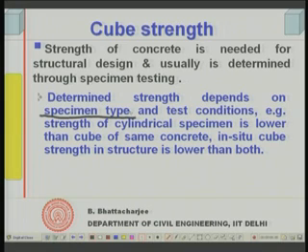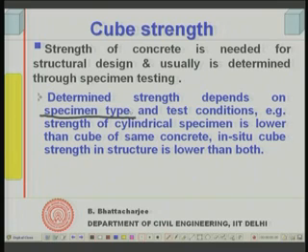Not only that, it also depends upon the test condition. For example, things like the moisture condition of the specimen, the rate of loading that we apply to the specimen, and the size and shape of the specimen, L by D ratio, etcetera. There are several factors.